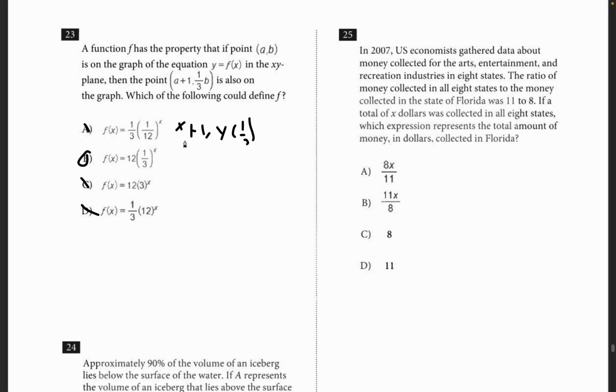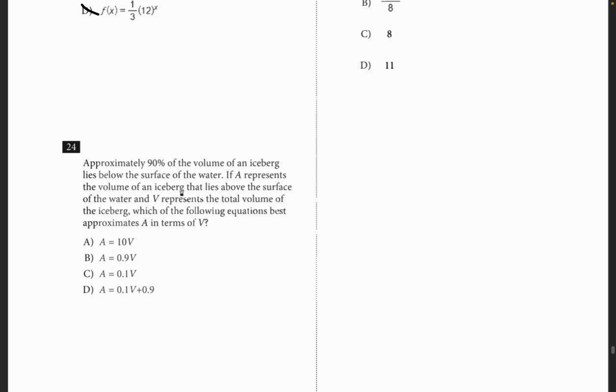Yeah, okay. Next, 24. Approximately 90% of the volume of an iceberg lies below the surface of the water. If A represents the volume of iceberg that lies above the surface of the water, and B represents the total volume of the iceberg. So A is the volume that lies above. Okay, wait.